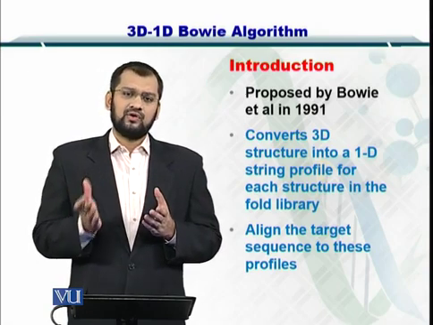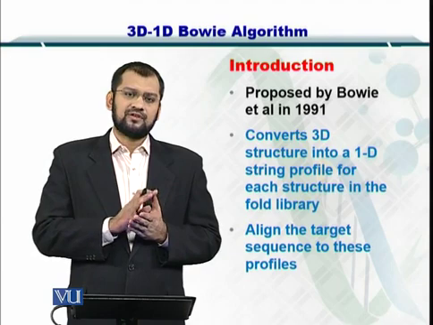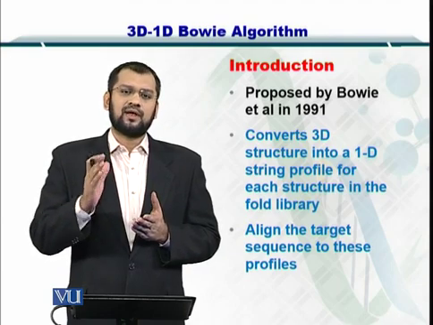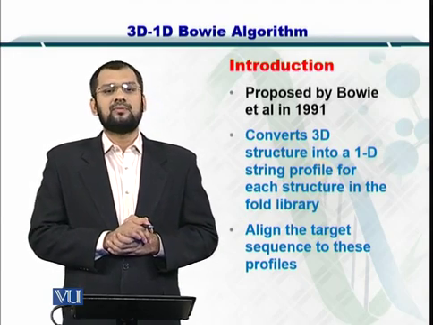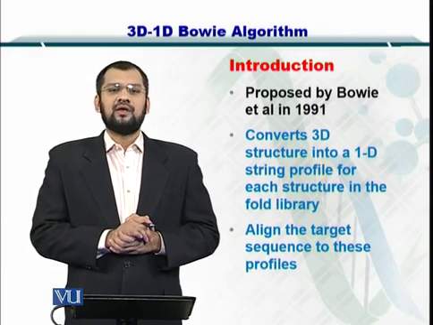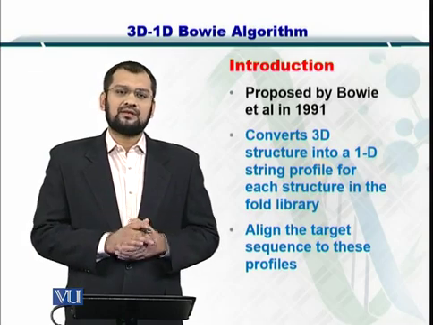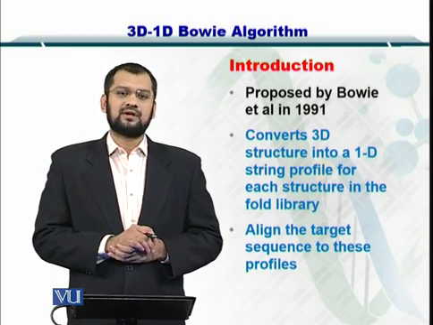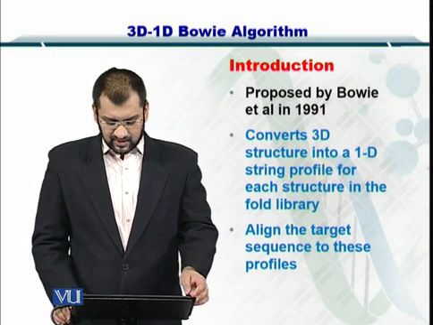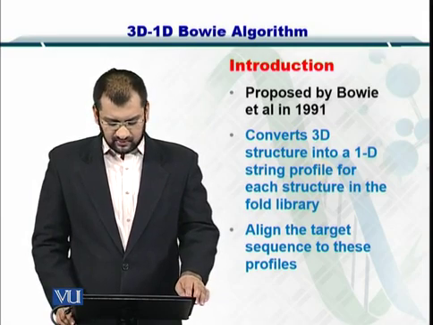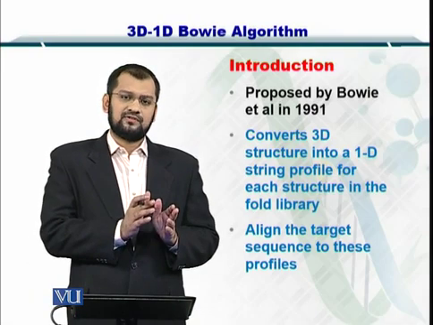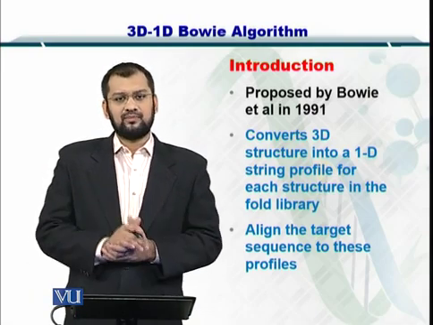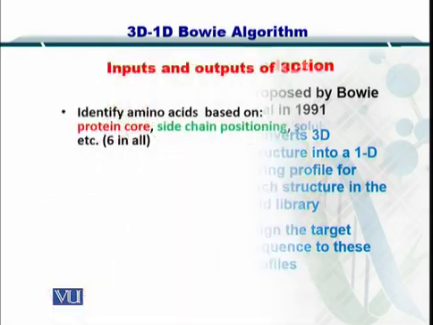And then you can compare this 1D array to all the amino acids within the sequence for which you want to predict the structure. So if you get a very good match, then you can declare that structure successfully predicted. To start with, you align the target, that is this sequence, to the 1D profile. So let's see how it works.